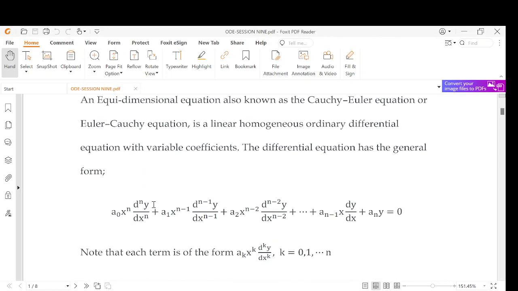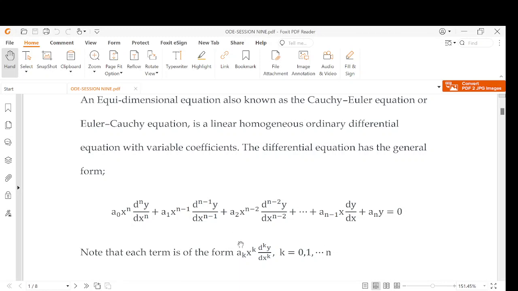will take this form: a naught x raised to power n times the nth derivative of y, then a1 times x raised to power n minus 1 times the (n minus 1)th derivative of y with respect to x, and so on up to an y, so that each term can be expressed as ak times x raised to power k times the kth derivative of y with respect to x, k taking the values from 0, 1, 2, 3, all the way up to n. k is a positive integer or a natural number.